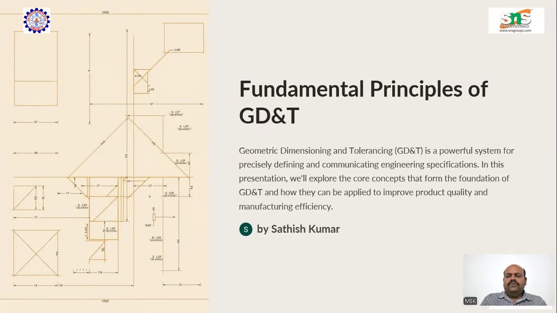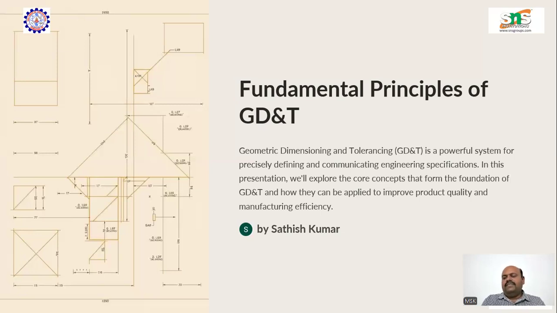So, you all know engineering drawing is a universal language of engineers to communicate the concepts and visualization of ideas in a drawing. In that, we have something called GD&T. I hope you are all aware of what GD&T is. Yes, geometric dimensioning and tolerancing.